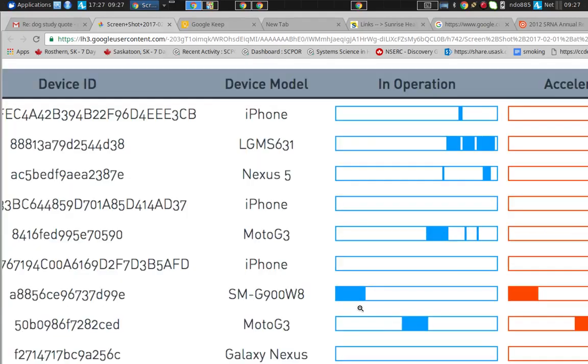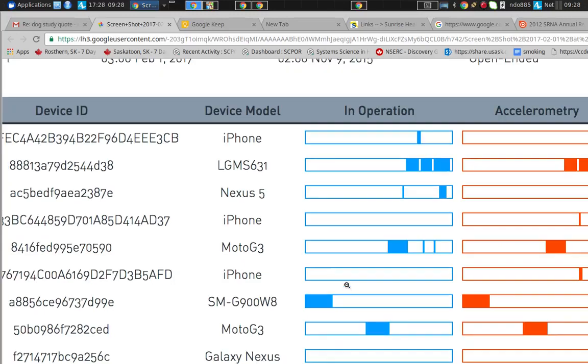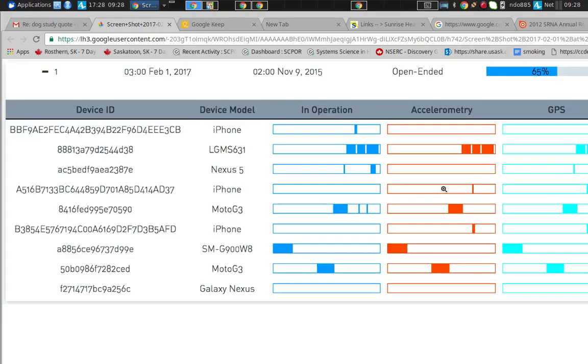So maybe this person started with this SM-G900 W8 and then switched to this Moto G3 and then switched to a different Moto G3 and then somehow went up here and went here for a while and then switched and then back and switched and back. And then there was some sort of period where they had a Nexus 5 maybe to debug it for one of the studies. And here's their GPS, which is less contiguous.